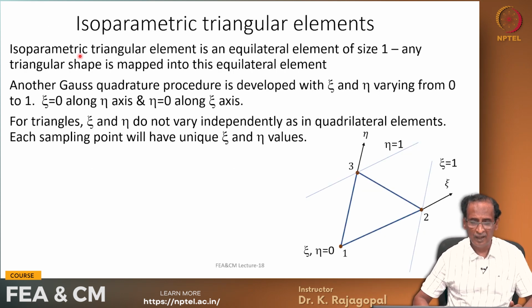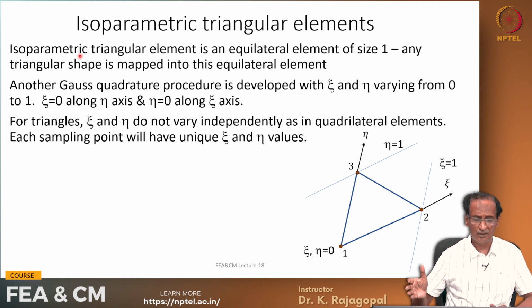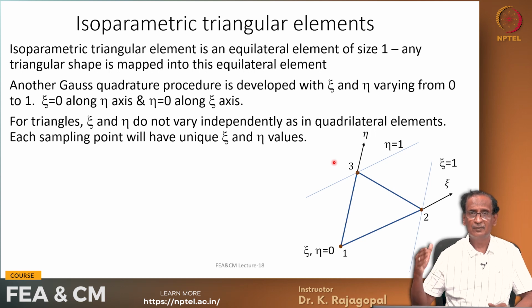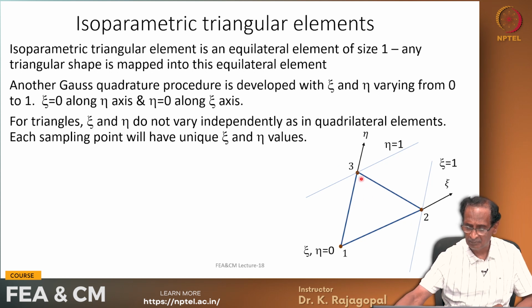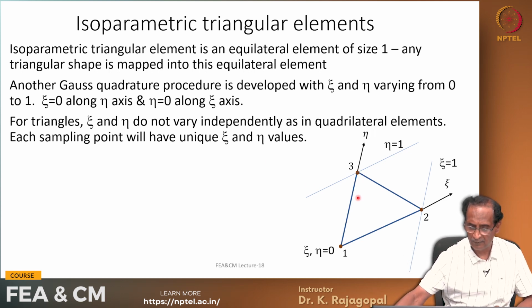Okay. It is possible to develop shape functions for triangles using our isoparametric procedures. The xi and eta for the triangles vary from 0 to 1, not from -1 to +1, and xi and eta are not orthogonal in this case, whereas in quadrilaterals we have taken them as orthogonal. Here they do not vary independent of each other, so each sampling point will have unique xi and eta values.